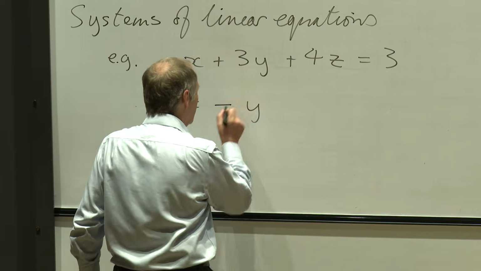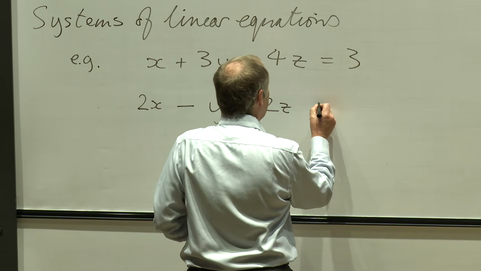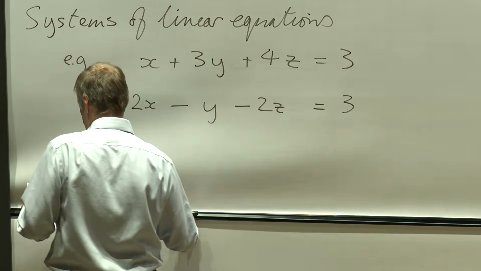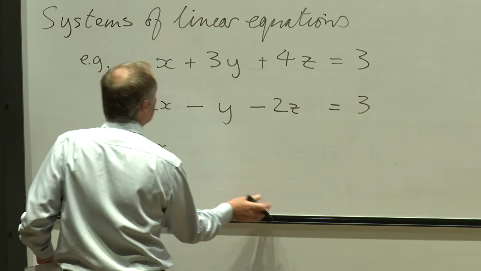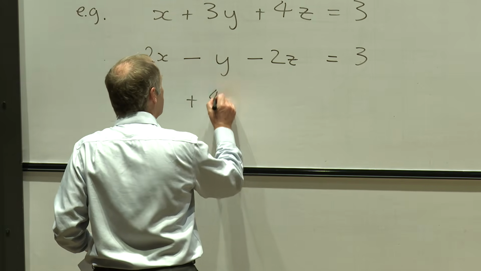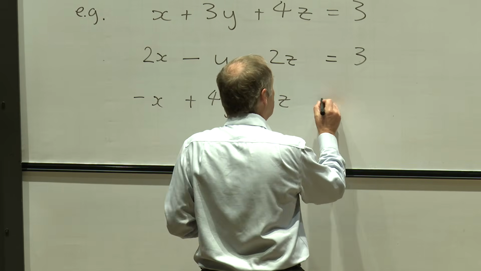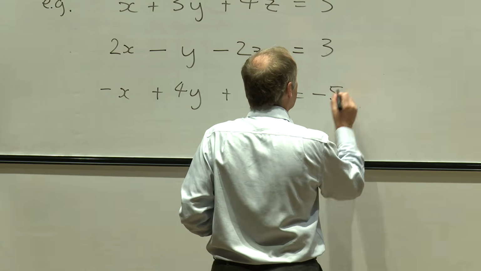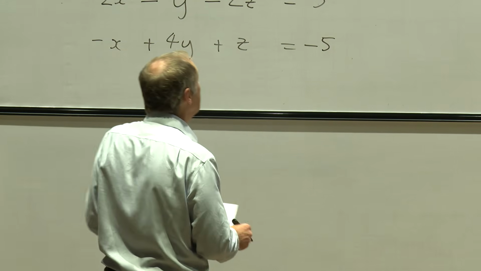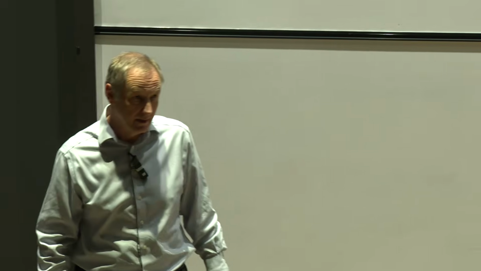So this is a minus y and minus 2z, and this is equal to 3 also, and minus x plus 4y plus z is equal to minus 5. Okay. So here's a system of linear equations that you perhaps recognize.